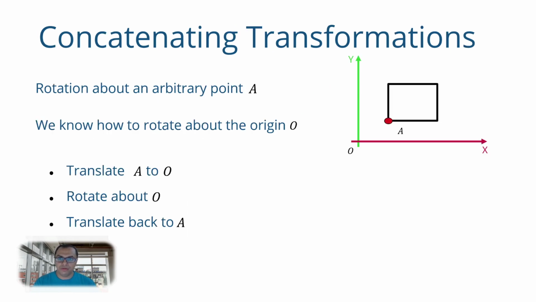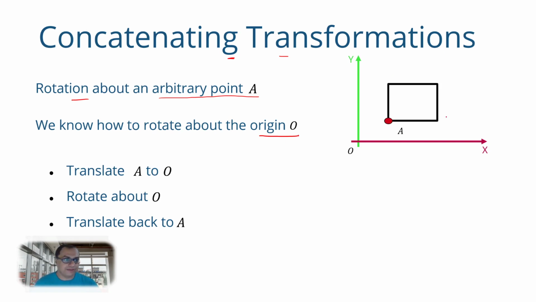But for now, because you can concatenate transformations, that means you can apply one transformation after another, you can do things like the following. You can perform a rotation about an arbitrary point A. So far we have only seen rotations about the origin, but what if I want a pivot that is not the origin?